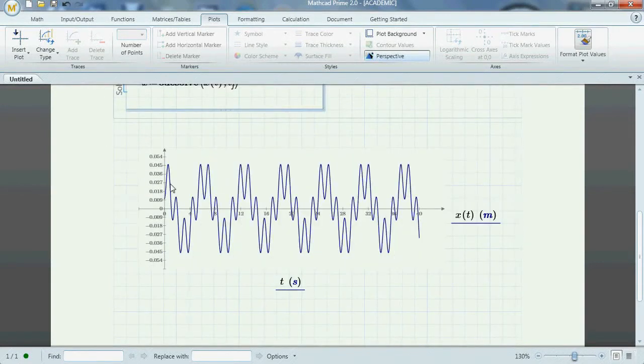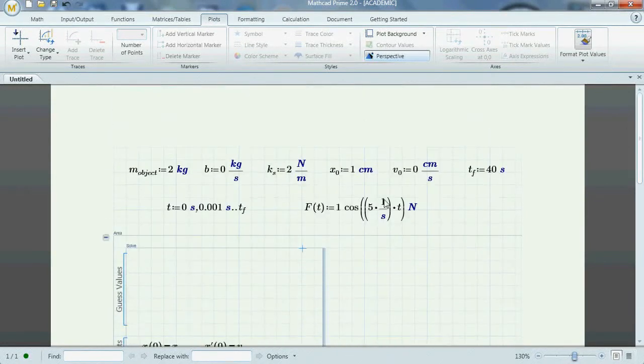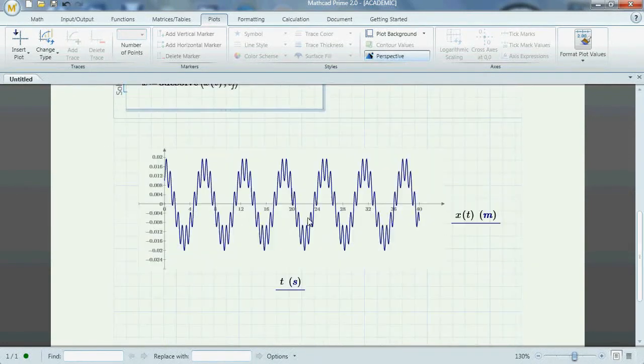And now you can see that you have the forced function superimposed onto the natural response, the undamped response of the system. And just to prove that that is so, let's put it up even higher. And you can see how it still has the undamped response, but the forced is superimposed on top of it.